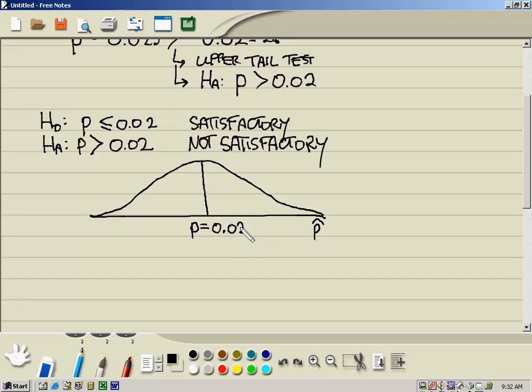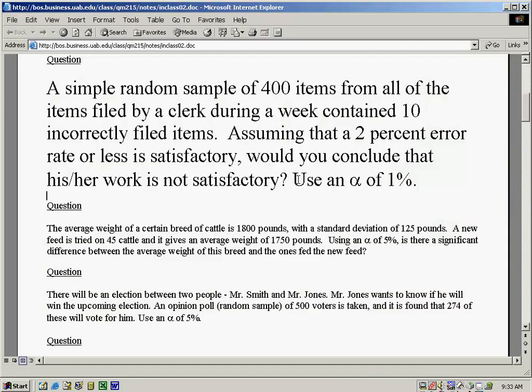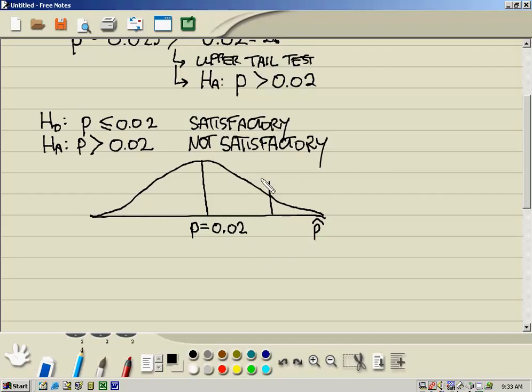It's an upper tail test. Put the entire alpha up there. Let's go back and see what the alpha was. Alright, 1%. So the alpha of 1% goes entirely in that upper tail. We need several things to calculate that upper limit.